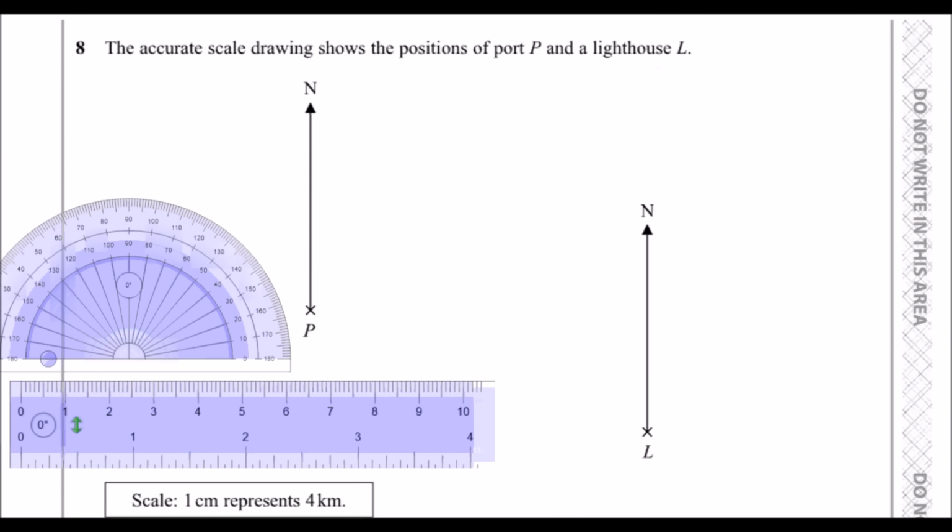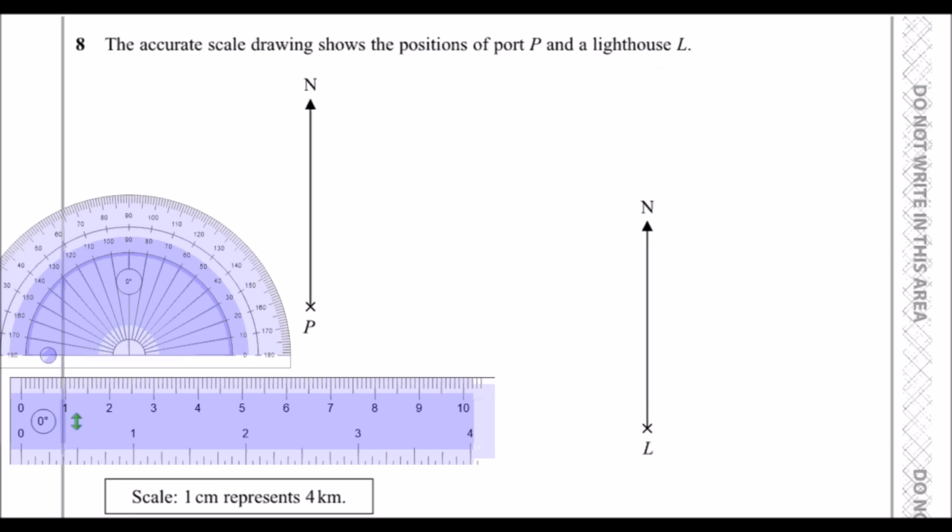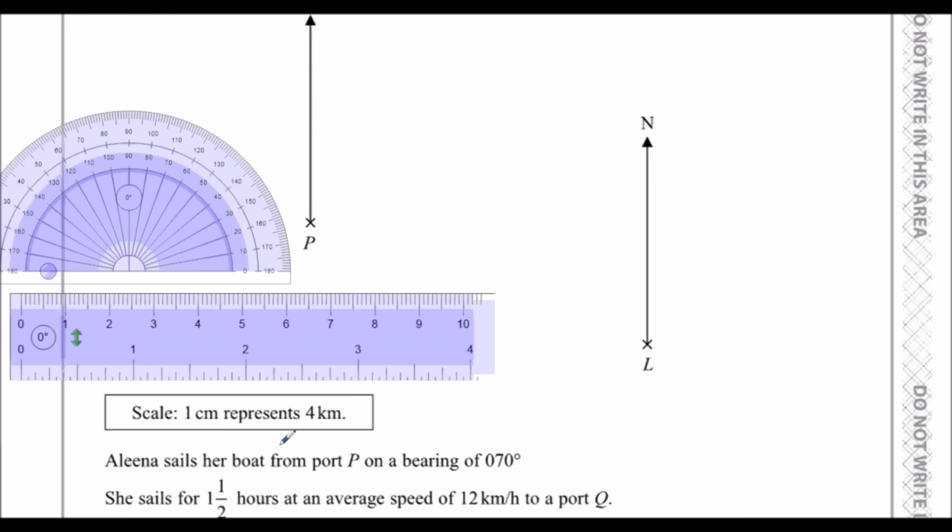Question 8. The accurate scale drawing shows the positions of port P and a lighthouse L. 1 centimeter represents 4 kilometers. Alina sails her boat from port P on a bearing of 70 degrees.